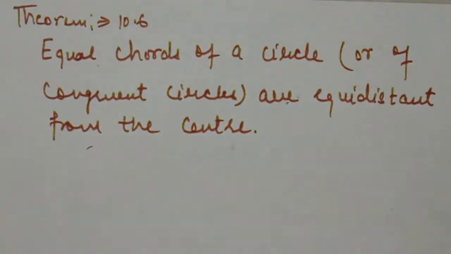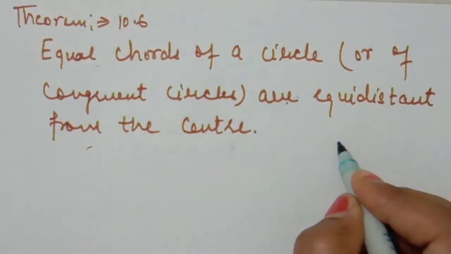So what is the statement? According to the statement, we have two equal chords of a circle or of two congruent circles, and we have to prove that they are equidistant from the center. It means they are present at equal distance from the center of the circle. So first of all, we have to draw a diagram for proving this.